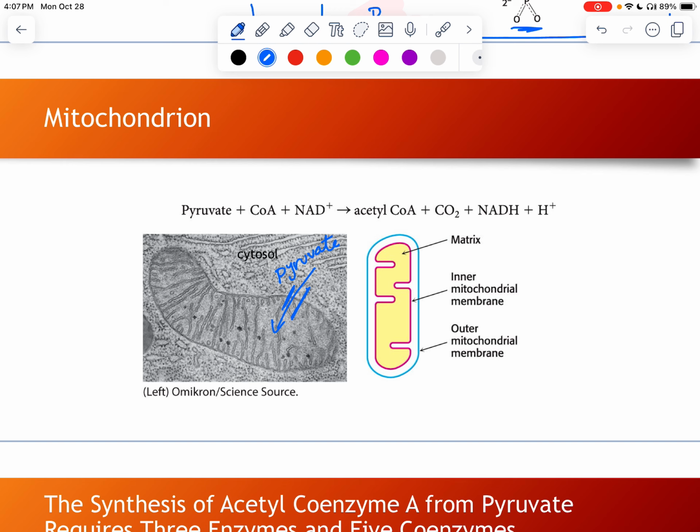Once inside, this is where it comes into contact with the pyruvate dehydrogenase complex. So our PDH complex is in the mitochondria, and it'll be converted into acetyl-CoA. So this reaction will happen. We'll make our acetyl-CoA. And then the citric acid cycle also occurs in the mitochondria.